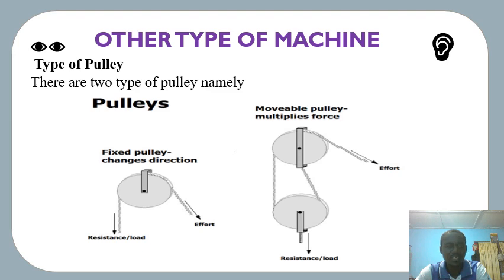You see that we have the load here, then we have the effort here. As we pull in this direction, the load will be moving upward, in the same way as we have in the movable or multiple pulleys.